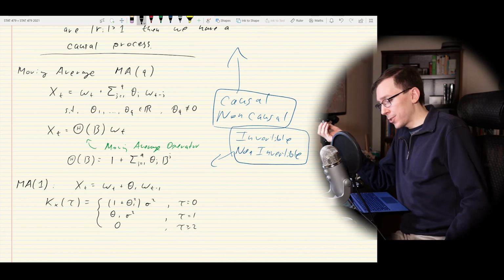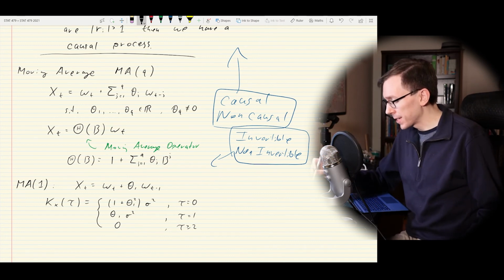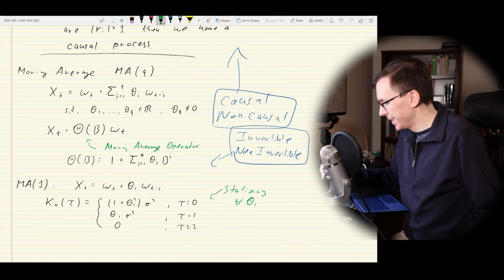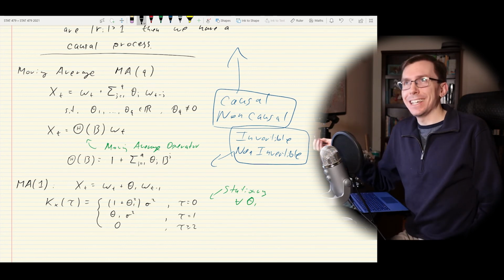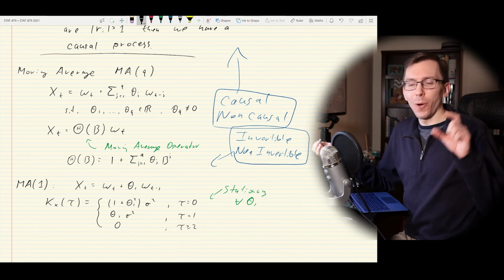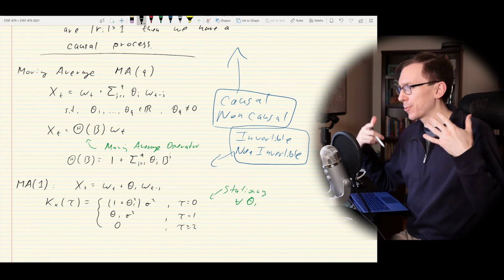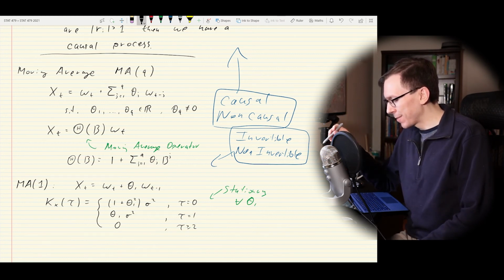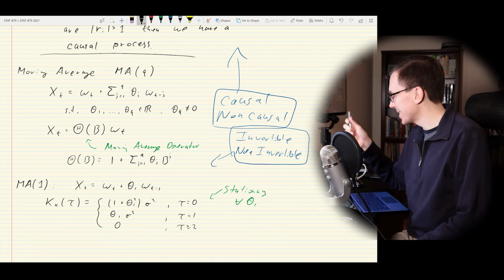So this thing is going to be a stationary process, stationary for all theta_1. So we don't have to worry, like in the AR case, when our coefficient equals 1 and we end up in a random walk setting. In this case, theta could be whatever it is, and we'd still have a stationary process, so that's good.